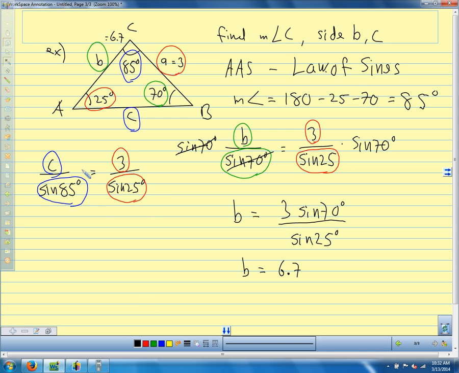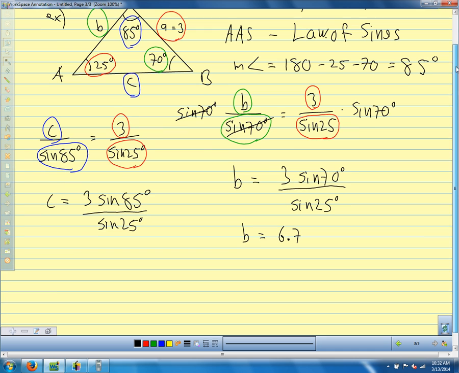I'm going to solve this the same way, multiply both sides by the sine of 85 degrees. So I get C equals 3 sine 85 degrees over sine 25 degrees. I did the same steps that I did here. Multiply both sides by sine of 85 degrees.